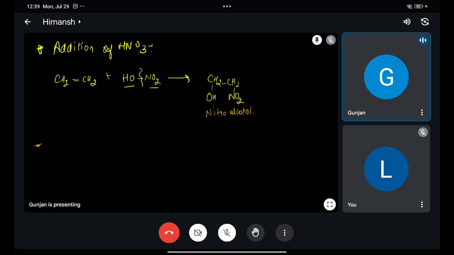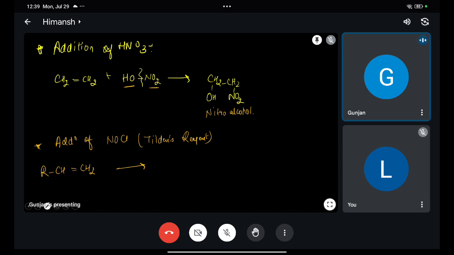Next is a very important reaction, addition of Tilden's reagent, NOCl. That is Tilden's reagent. So we are having with us this alkene, that you can write as R, so as to make it unsymmetric.